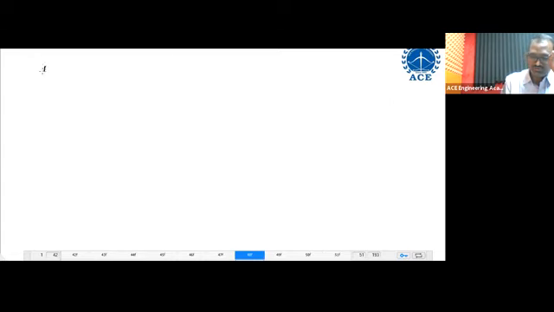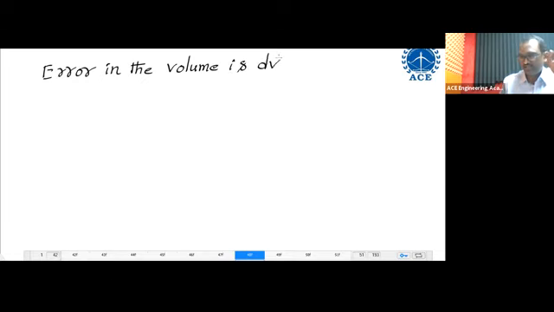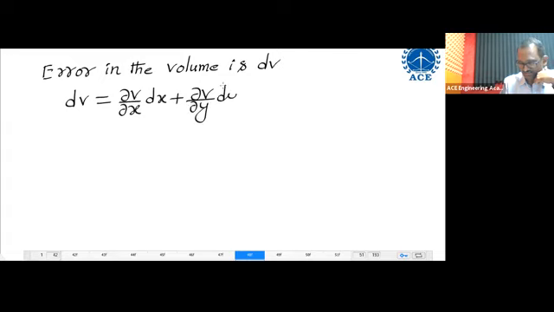So the error in the volume is dV. In calculus, we have this formula: dV is equal to ∂V/∂x dx plus ∂V/∂y dy.